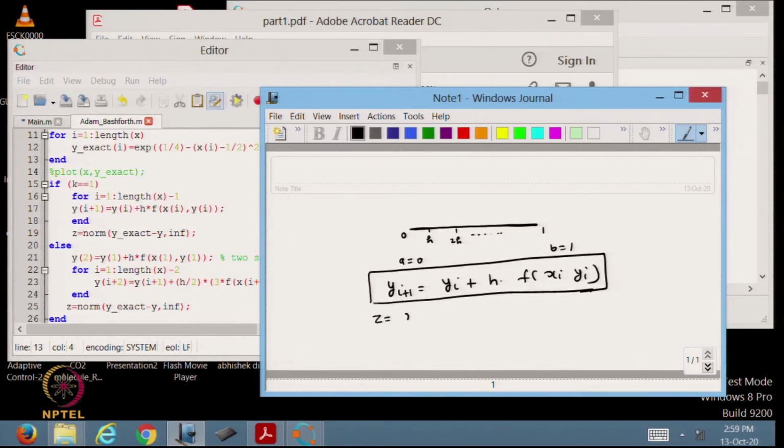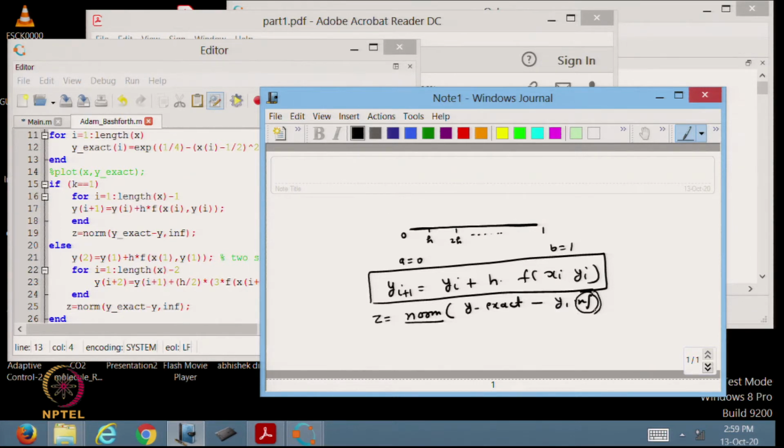And then we are also computing the infinity norm. Norm is an inbuilt function in Octave or MATLAB which computes the norm.